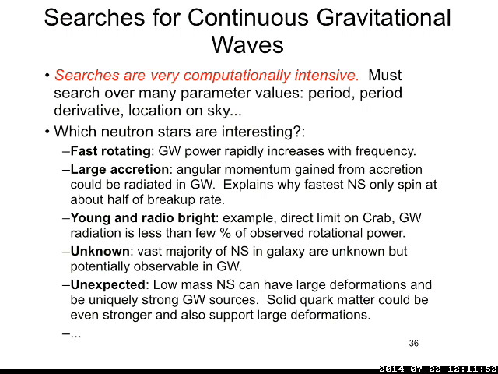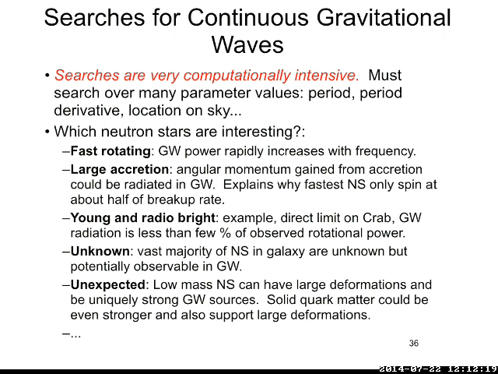There are lots of different interesting neutron stars. You could look for fast rotating stars. You could look for stars with large accretion that gets lots of angular momentum that you might want to radiate away in gravitational waves. You could look for young and bright objects. You could look for unknown neutron stars. Most of the neutron stars in the galaxy are unknown, but you could see them in gravitational waves.